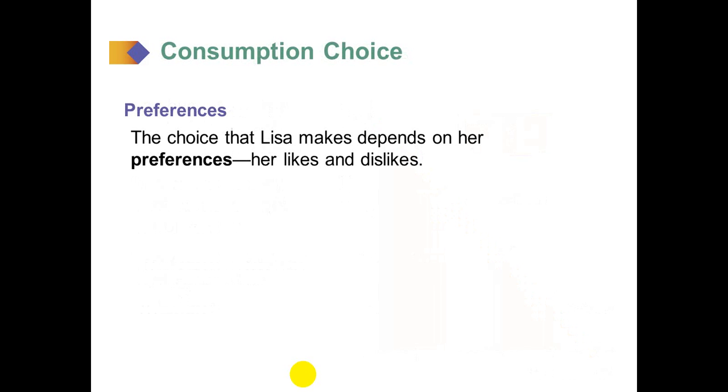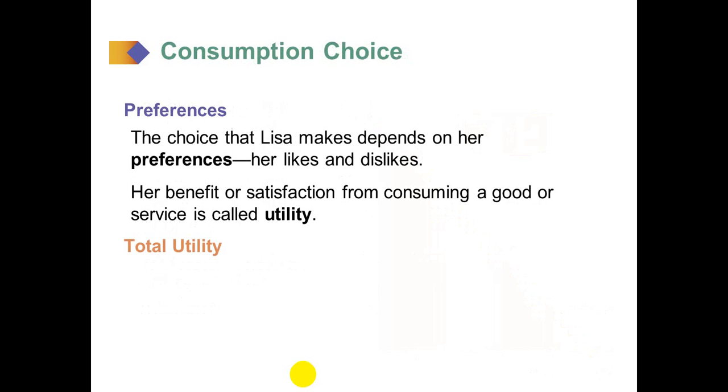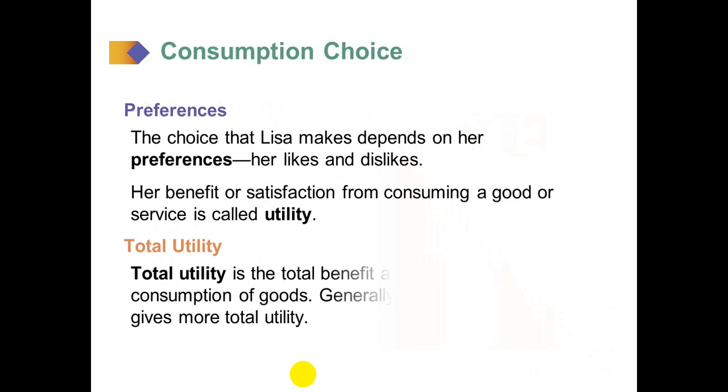Consumption choices and preferences. The choice that Lisa makes depends on her preferences, her likes and dislikes. Her benefit or satisfaction from consuming a good or service is called utility. So utility means the benefits which Lisa gets.